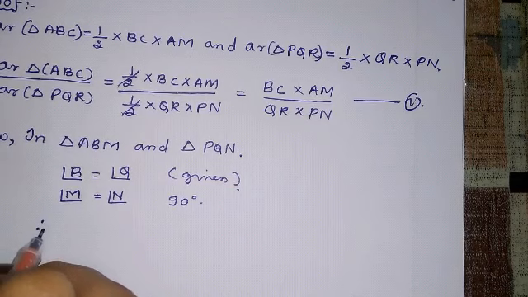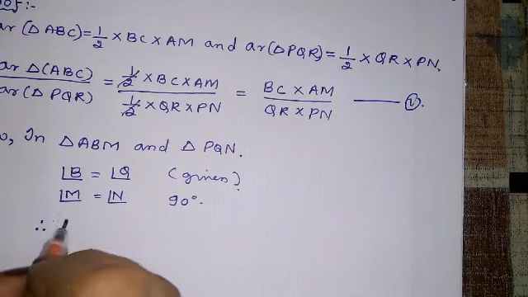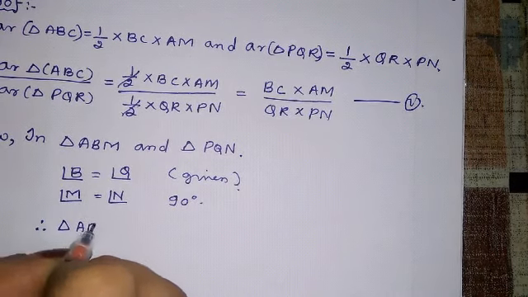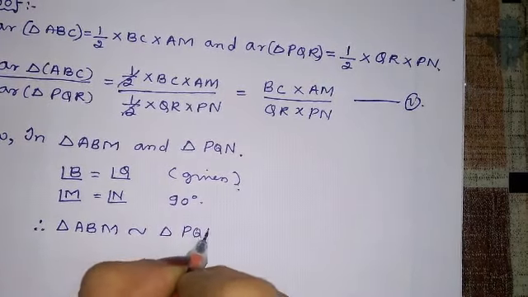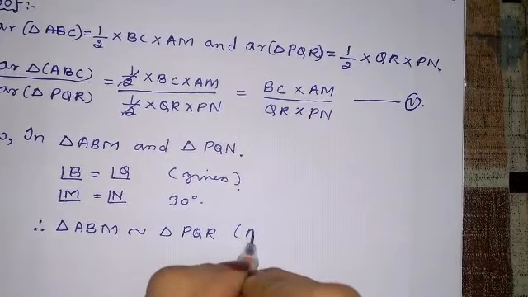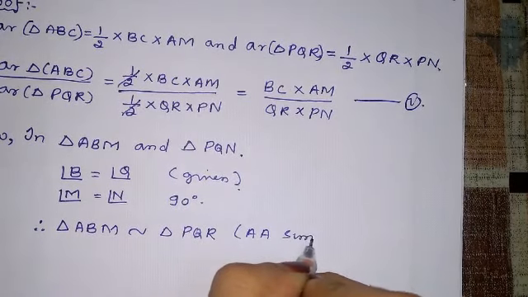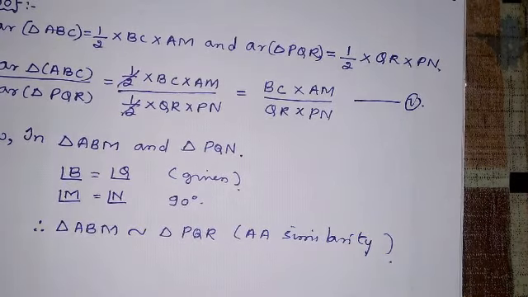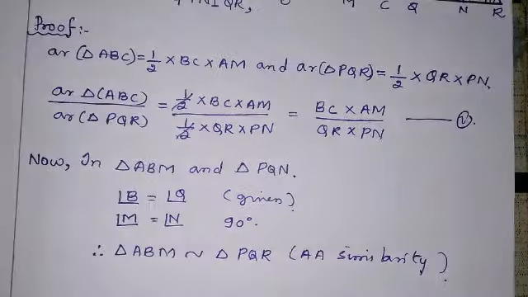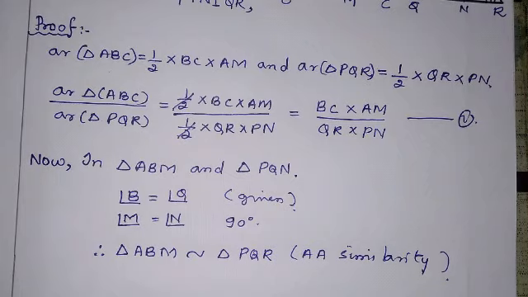Therefore, if two angles are equal, the triangles are similar. Triangle ABM is similar to triangle PQN because two angles are equal, that is AA similarity. Once the triangles are similar, we know that their corresponding sides are in proportion.